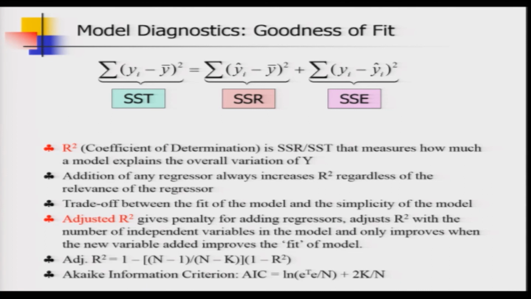So, now we are going to look at the final measure of the goodness of fit, and that is called the Akaike information criterion. So, in the Akaike information criterion, what happens? We still make use of the sum of squared error residuals as we make use of it in the R square formula.